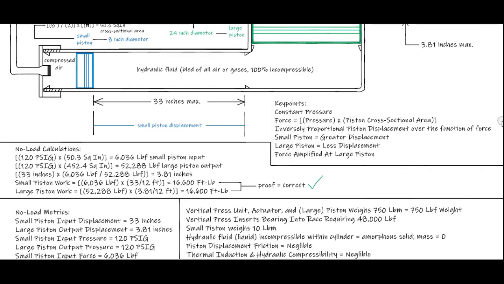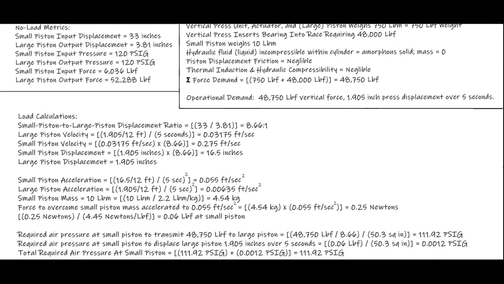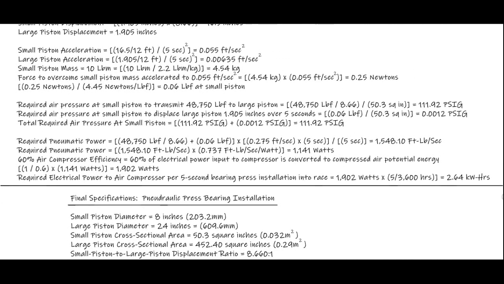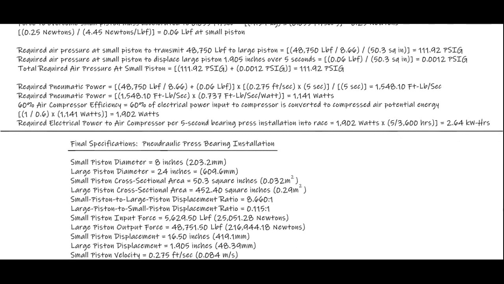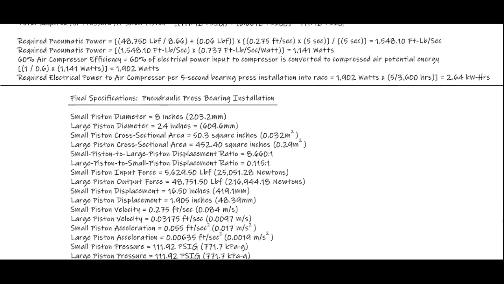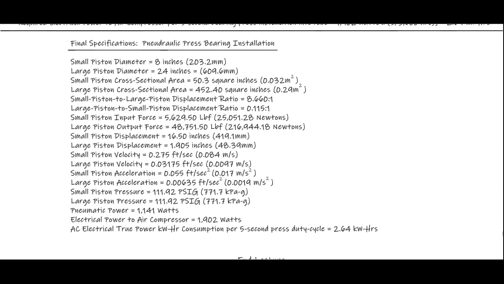So that's been addressed. And so now we have pretty good, sufficient specifications to then describe many other applications if need be. So we can write the final specs here as listed. These are in both the US imperial units and also the metric system.